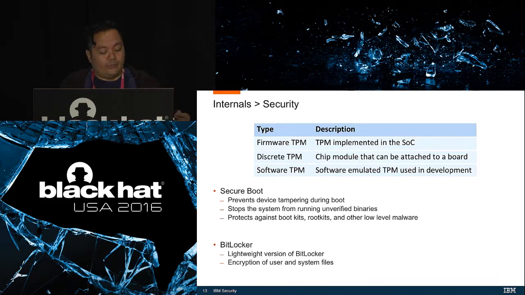can use during development. And firmware TPM is enabled in the DragonBoard 410C and MinnowBoard Max, but it's not available on our Raspberry Pis. So on devices that do not support firmware TPM, you can use discrete TPMs, which can be attached on your chosen board.